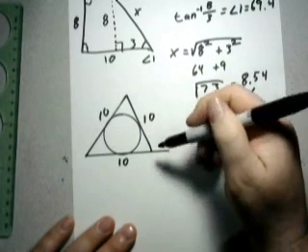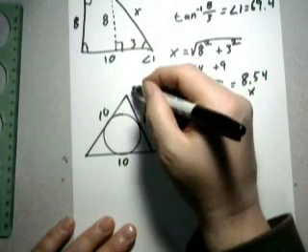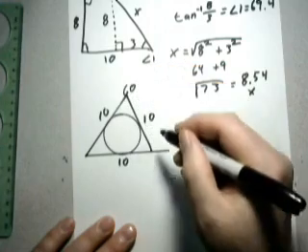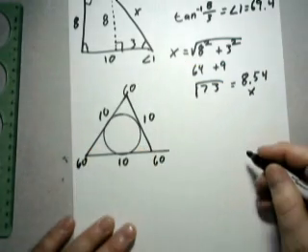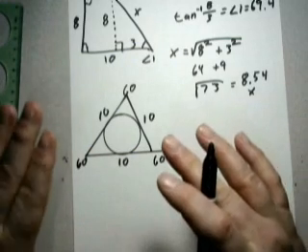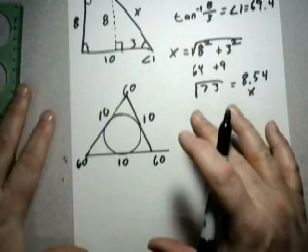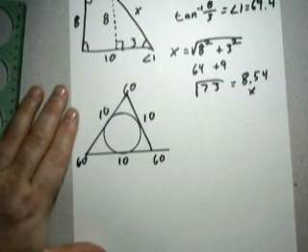If all the angles are the same, we take 180, divide it by 3, and we get 60. So every angle is 60 degrees. That's just information that I know about this triangle without even looking into the problem. All right, so let's look at what the problem says.